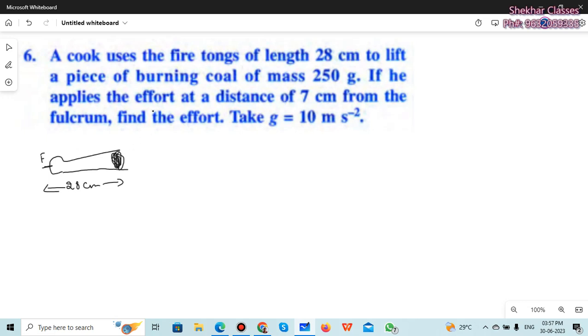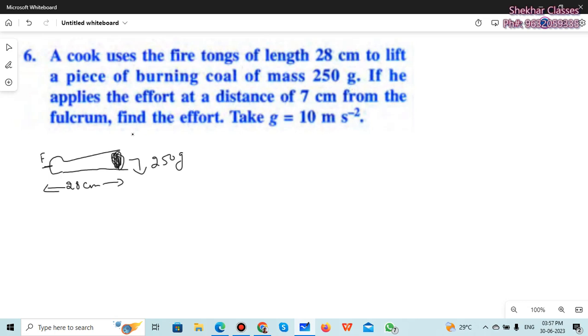And the coal is how many grams? This is 250 gram. He uses a tongue of 28 centimeter to lift this 250 gram of coal.